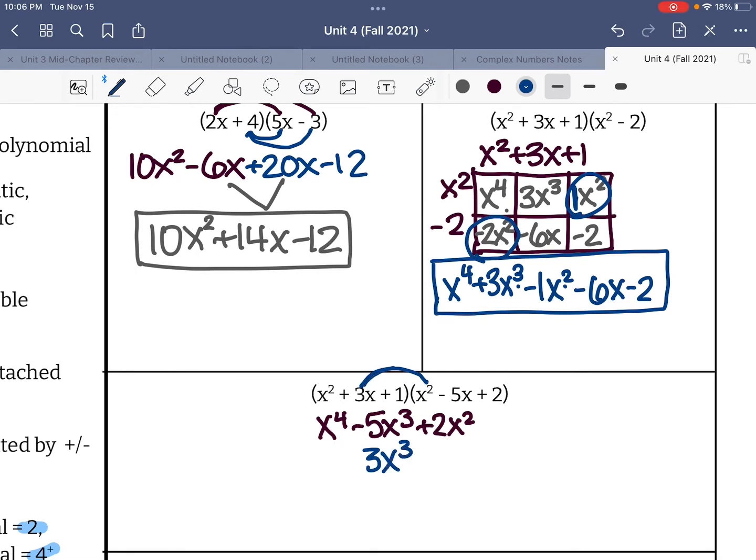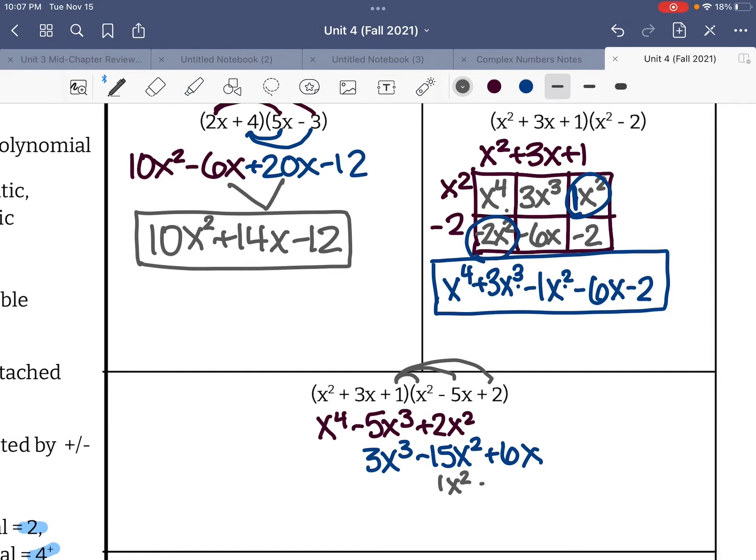And then 3x times negative 5 is negative 15x squared. And then 3x times 2 is 6x. And then, last but not least, I have to take the 1, the last number that I haven't multiplied, and multiply it by all three of them. Good news is when you multiply by 1, you don't actually change anything. 1 times x squared is just 1x squared.